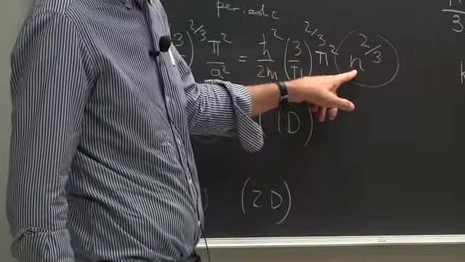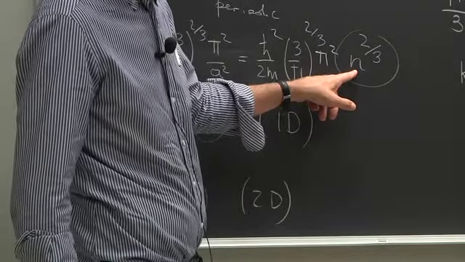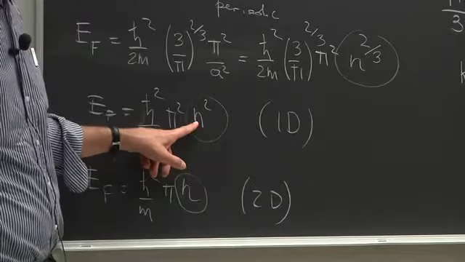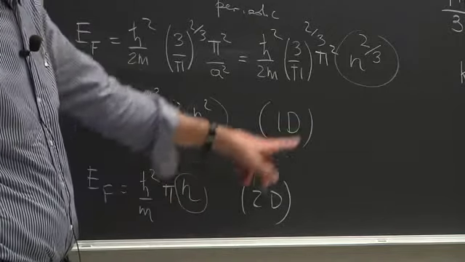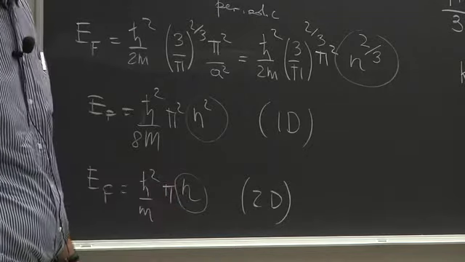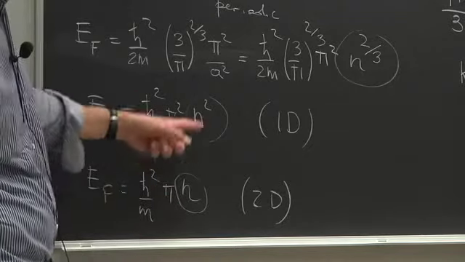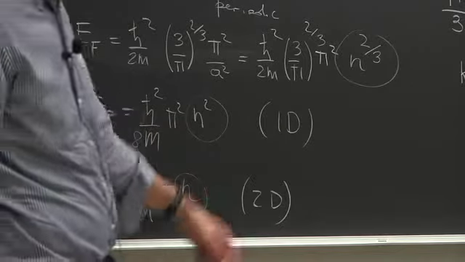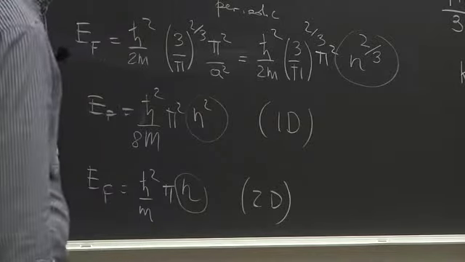Why? Yes? It's n, and 1 is, well, why not n to the 0? If you follow the progression, 2, 1, 0... oh, 2 over 2, okay, fine.